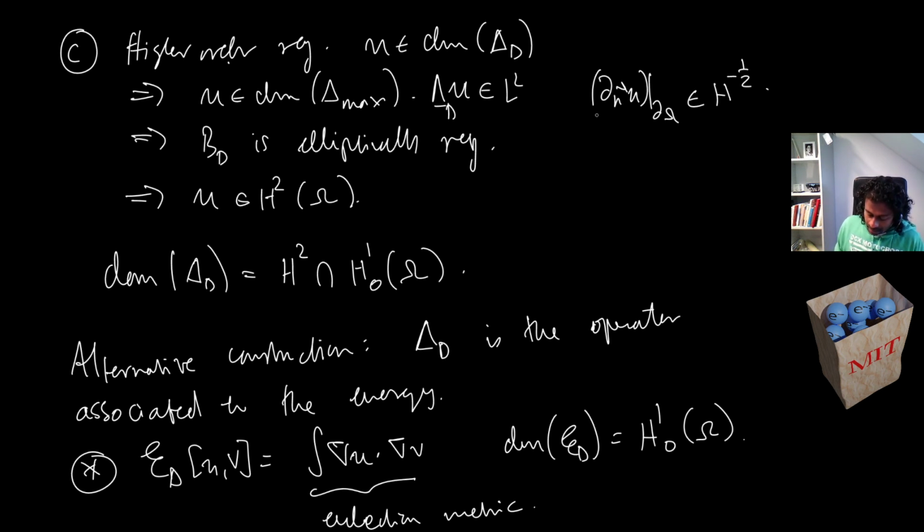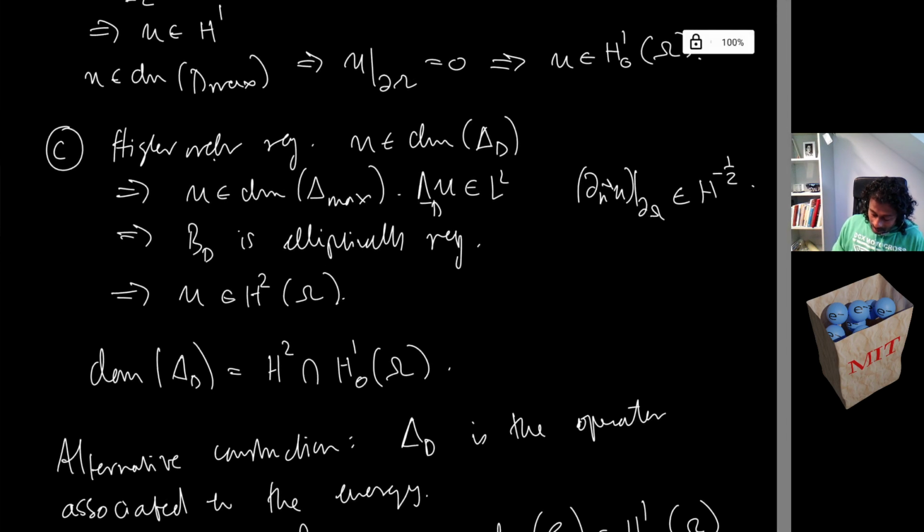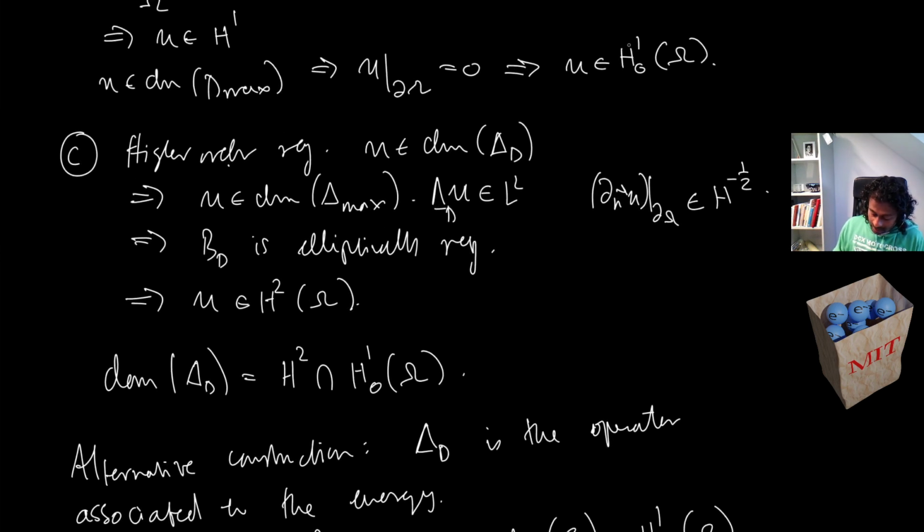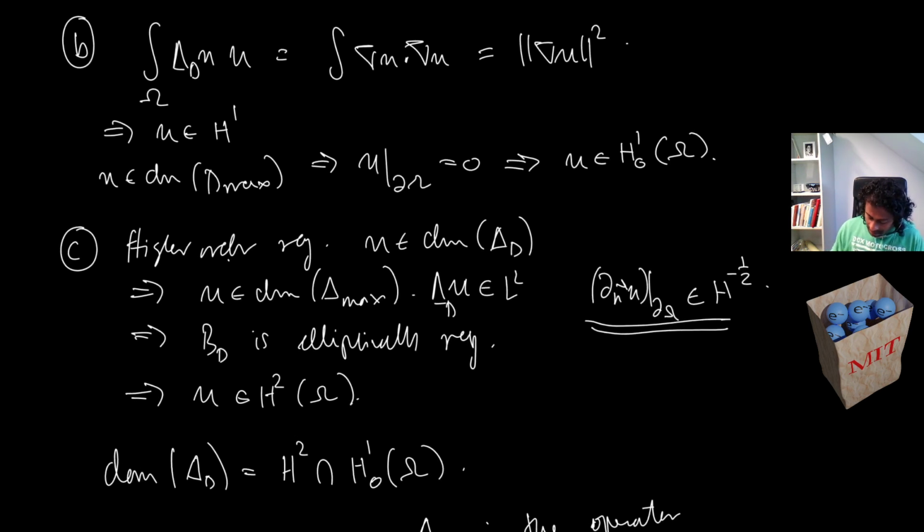I know this because I'm coming from an elliptic differential operator, and I also know that in addition u is contained in H1. There is some extra work to do to show this, I've brushed this under the carpet. But the reason that I first computed this to show that u is in H1 naught is that you need to use this fact also when you argue what happens when you take the normal derivative and then you take the trace.